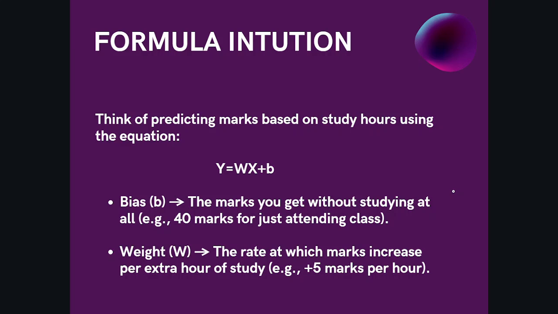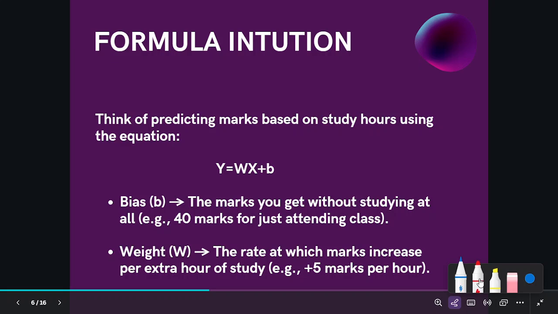Bias. What is bias? The bias is the marks you get without studying at all. It actually means that you studied for 0 hours. Okay, let's see with a graph. We will build a graph over here.